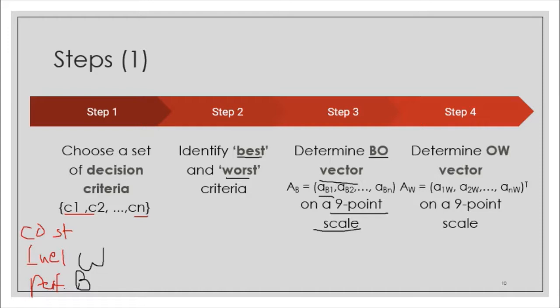A_B1 here references the preference of the best criterion B over criterion 1. So naturally, A_BB would be equal to 1. Next, I determine the others-to-worst vector, also on a 9-point scale, where A_1W refers to the preference of criterion 1 over the worst criterion, and A_WW would also be equal to 1.